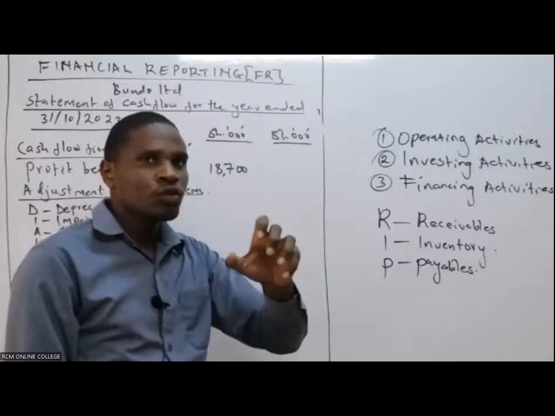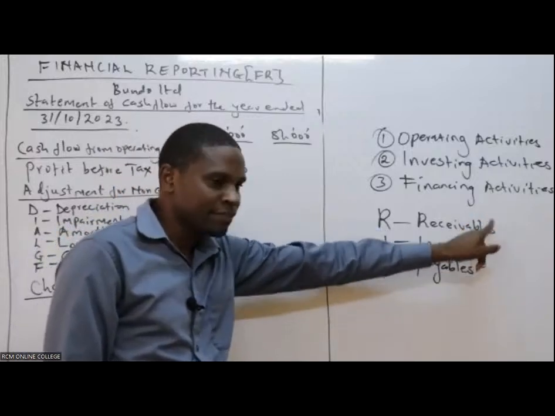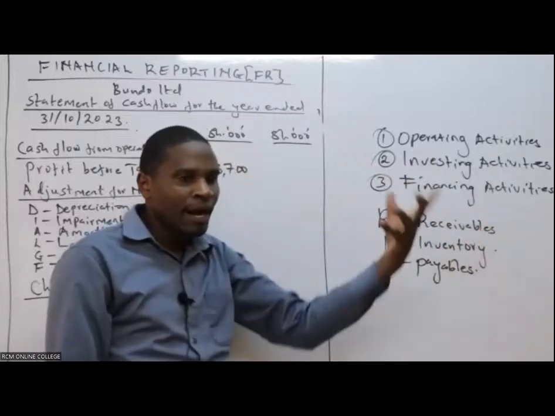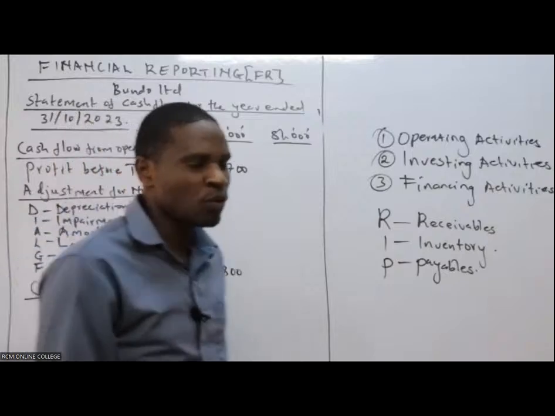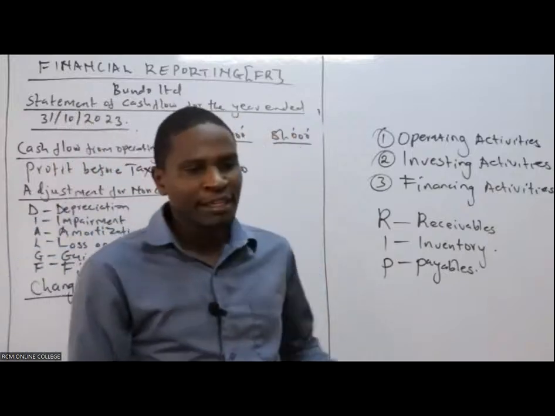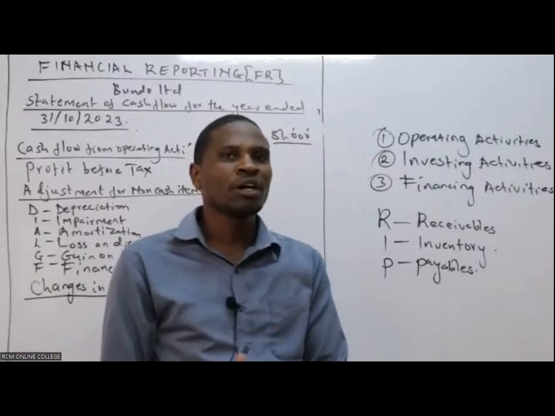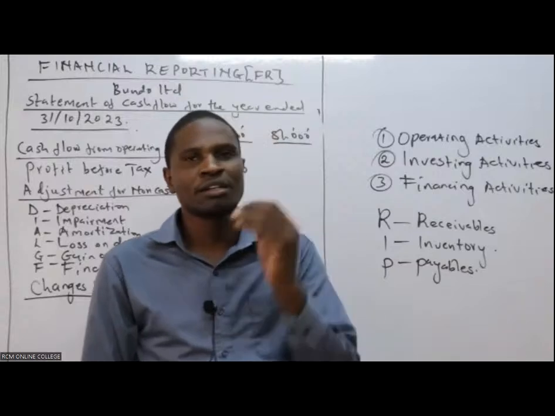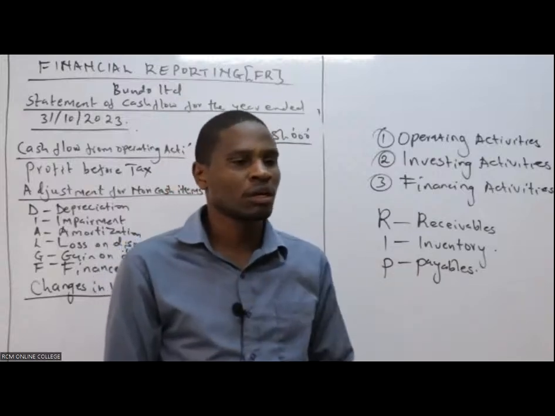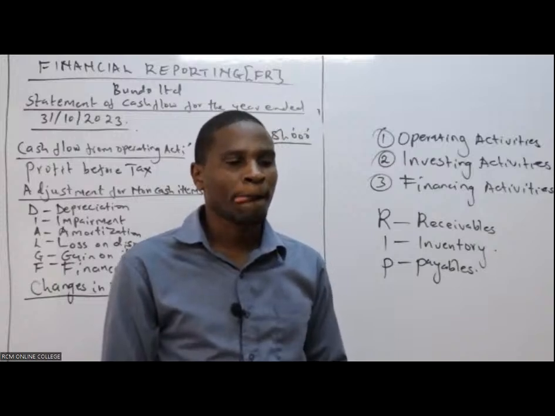Now, somebody to remind me what we said when it comes to receivable and inventory. These are assets. How do we do it under changes in working capital for the assets? I gave you a direct formula where you don't have to think, was there an increase or was there a decrease? That era is far gone.